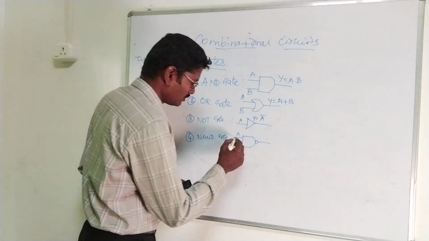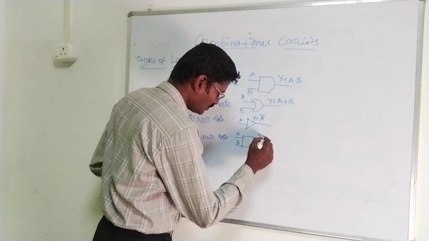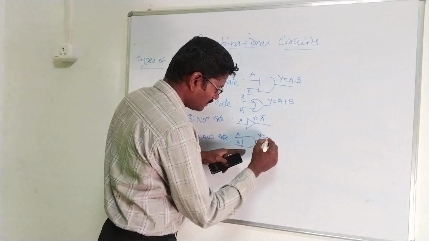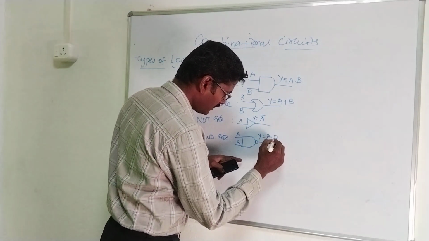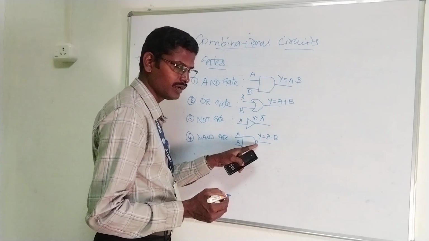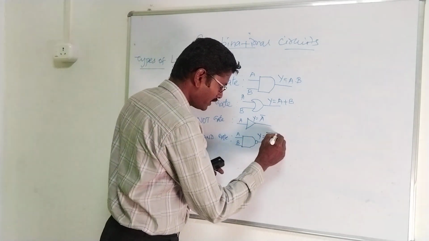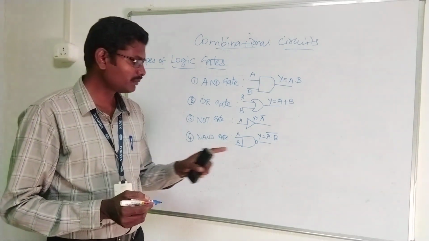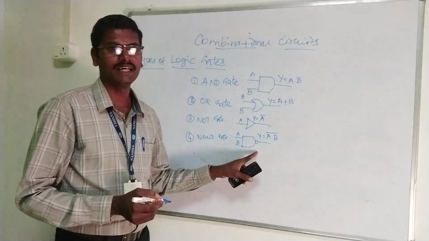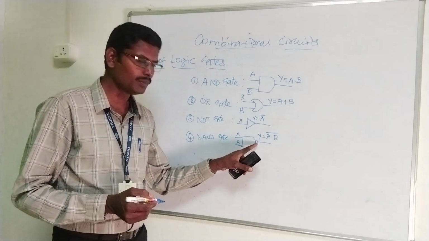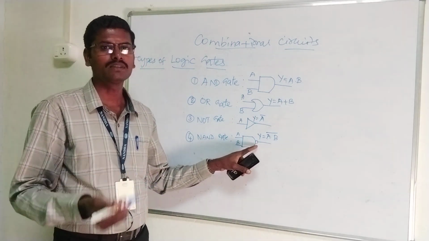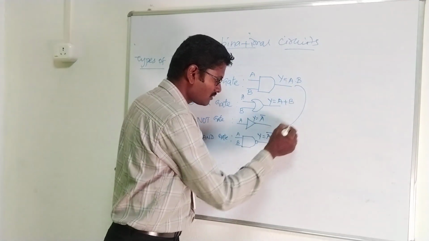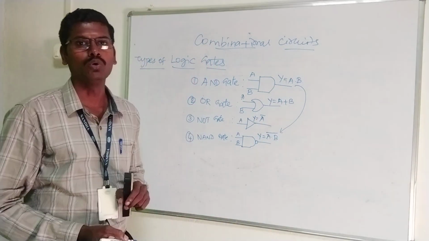The two input variables are A, B, and the output of the AND gate is Y is equal to A dot B. Corresponding to this bubble, the output will become Y is equal to A dot B the whole bar. The complement of the AND gate is the NAND gate, because we are using a bubble at the output side. So Y is equal to A dot B becomes Y is equal to A dot B the whole bar.